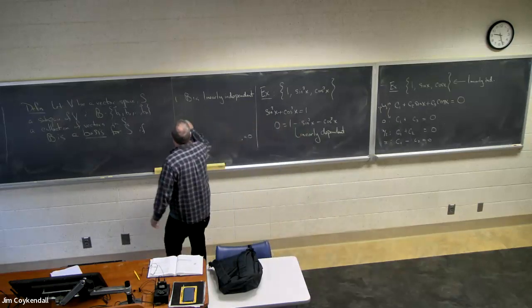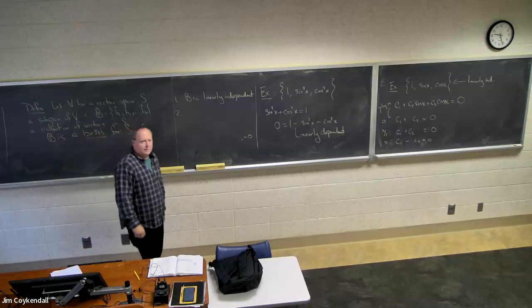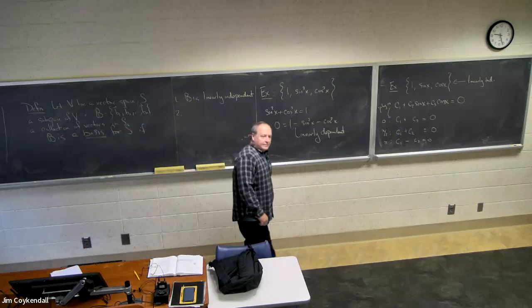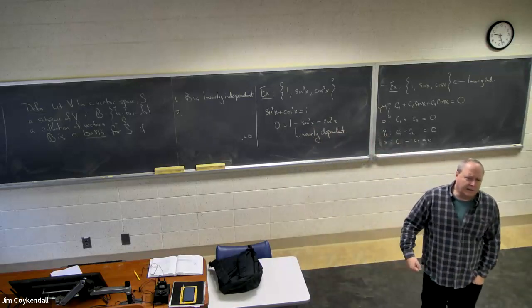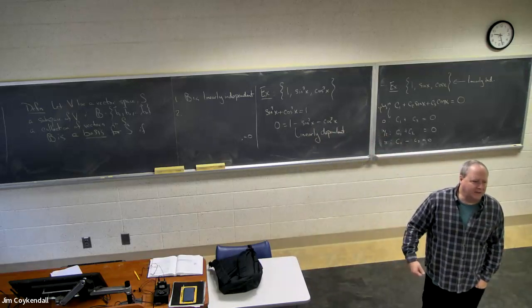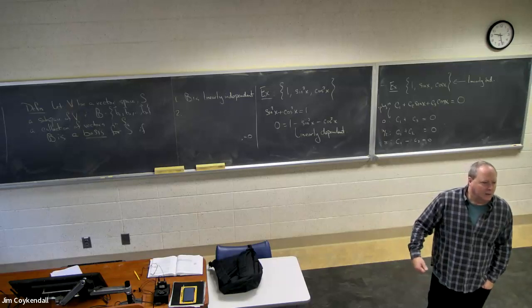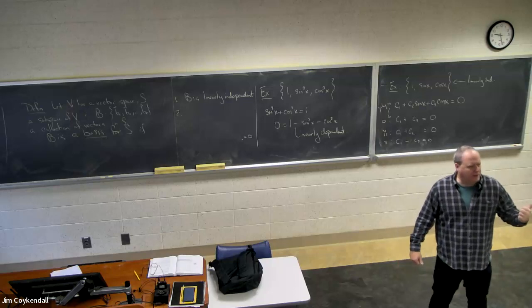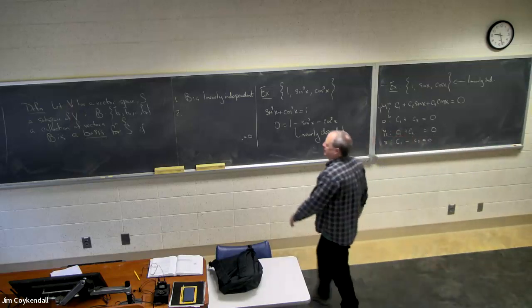And two, anybody want to guess what the next one is? When we talk about bases for a subspace, what two things do you need? You need to be linearly independent. What else? Span. Yeah, it needs to span.